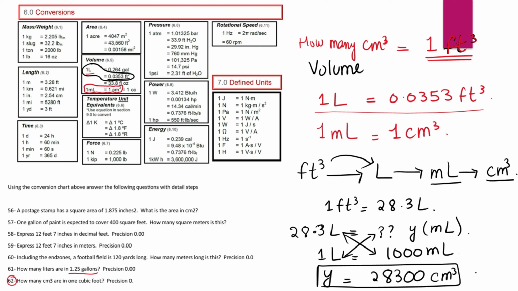We have also discussed, if you don't have a conversion in the area section, for example, you can convert the length into area. How? You can just take the square on both sides.